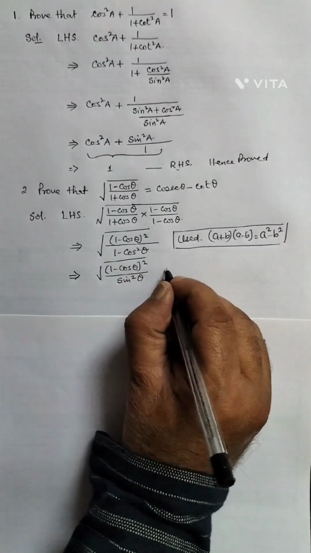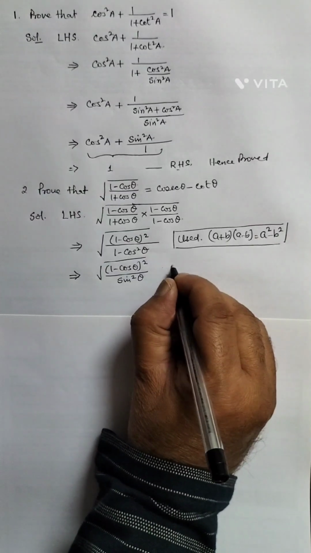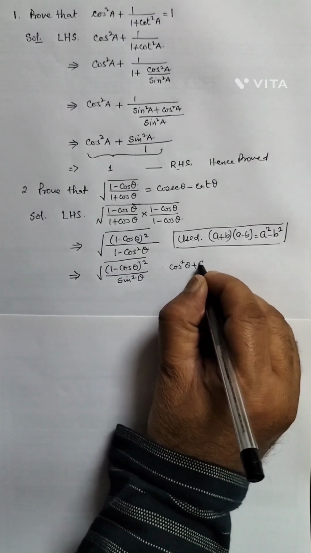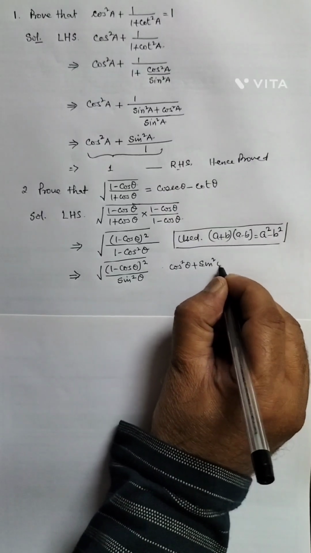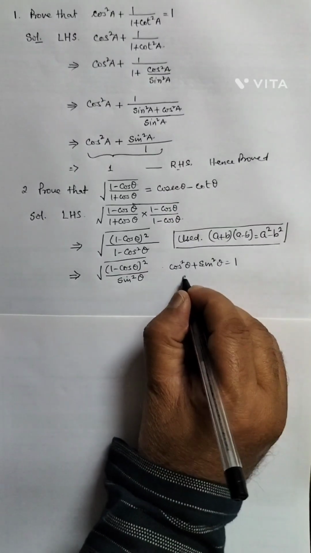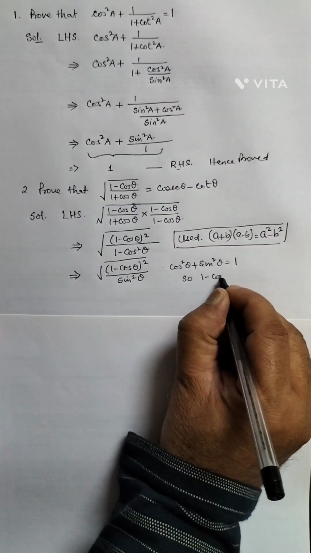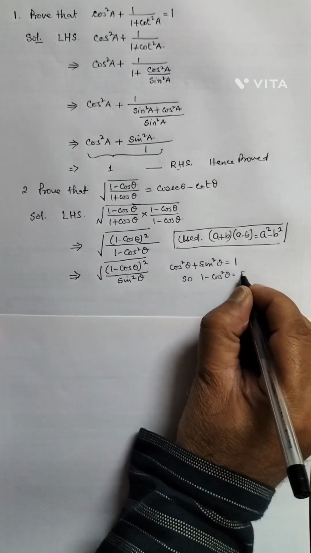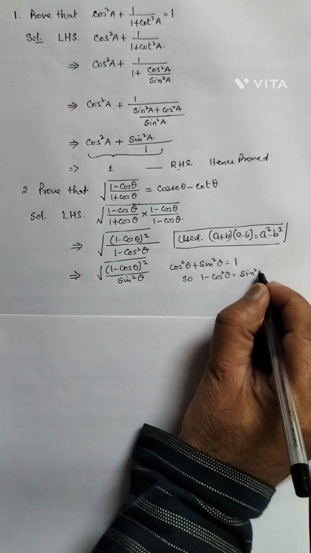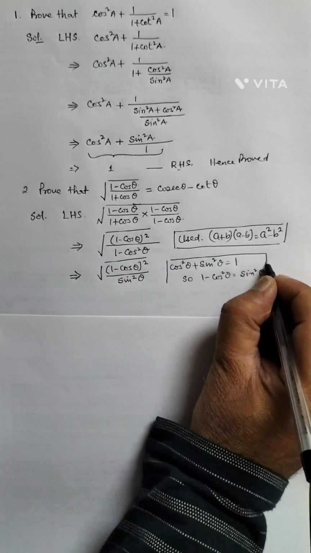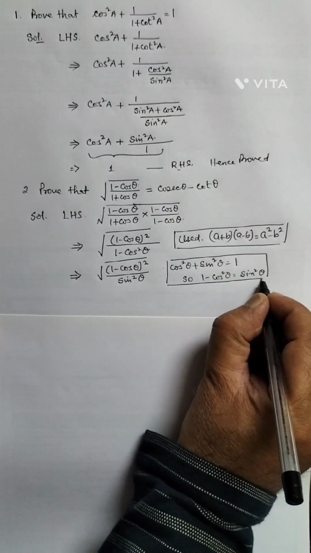Here again we have used cos square theta plus sin square theta is 1. So 1 minus cos square theta is nothing but sin square theta. This identity we have used in this step.